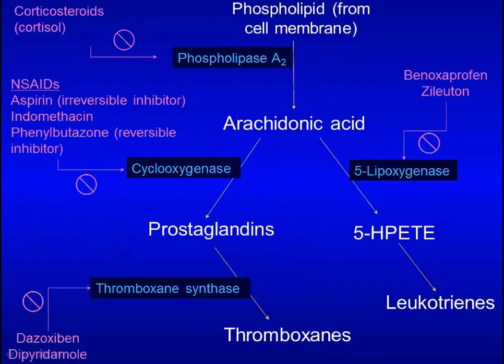Here is a summary of inhibitors of eicosanoid synthesis. When COX-1 and COX-2 are inhibited by NSAIDs, more arachidonic acid is directed to the leukotriene pathway, which causes asthma in some patients who use NSAIDs.